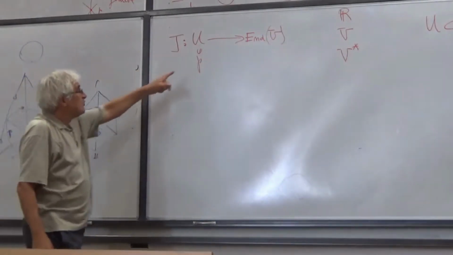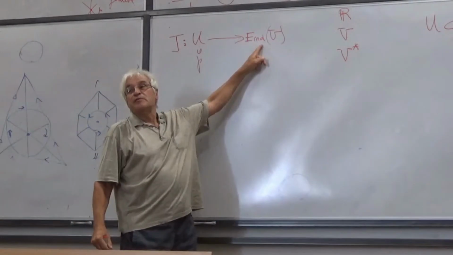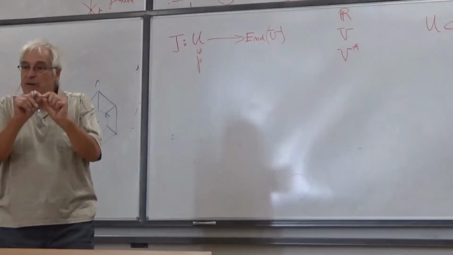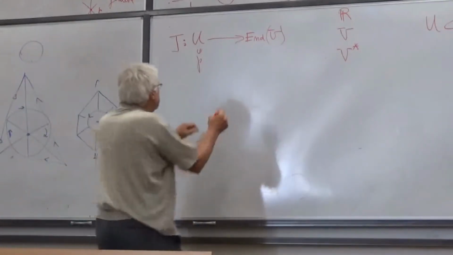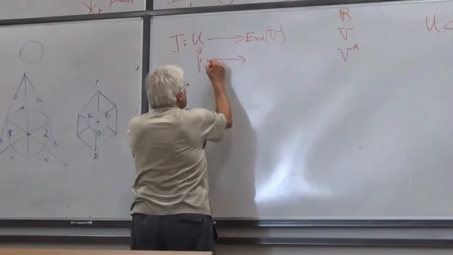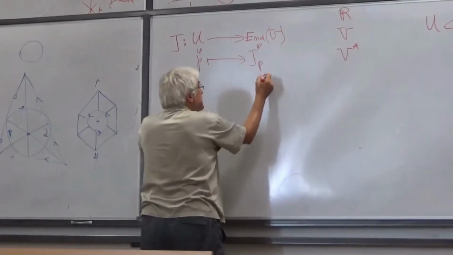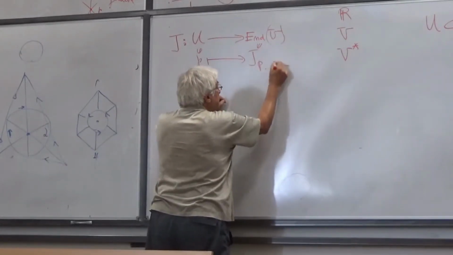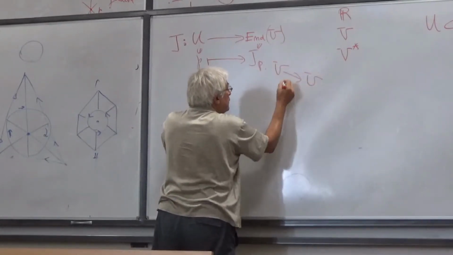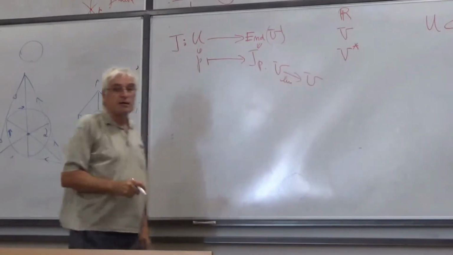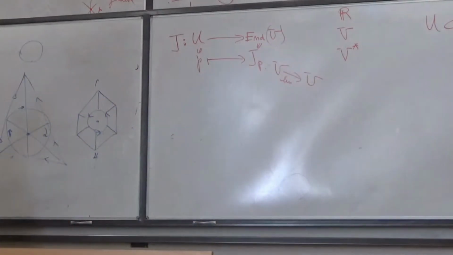So I attach to every point an endomorphism of V. An endomorphism of V is a linear map from V to V. So an element here is G index P, an element here. G index P itself is a linear map from V to V. That's the J field.